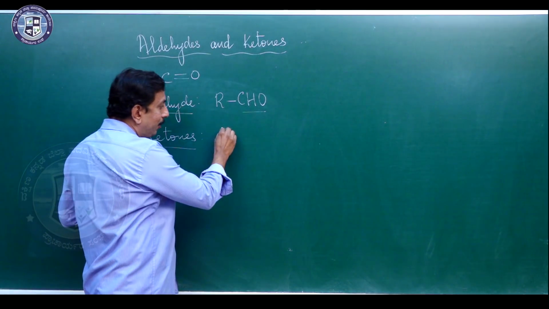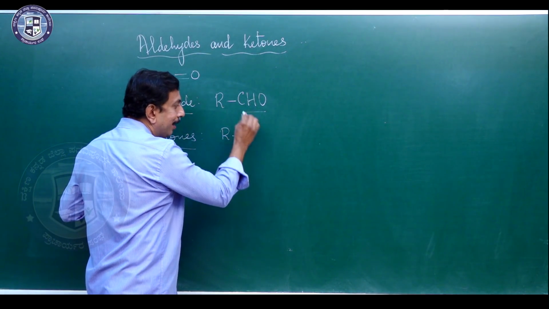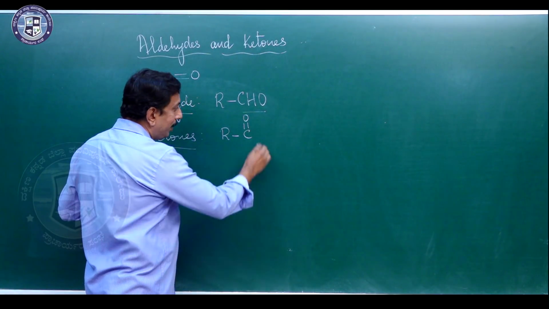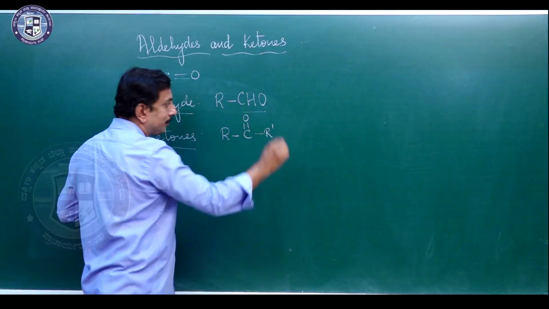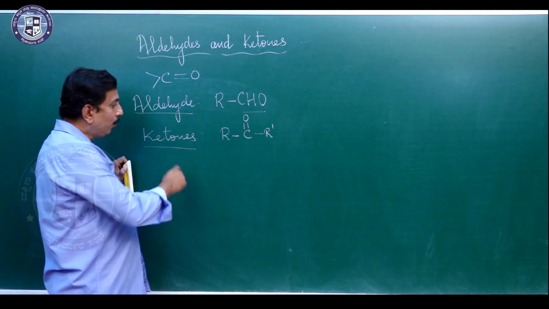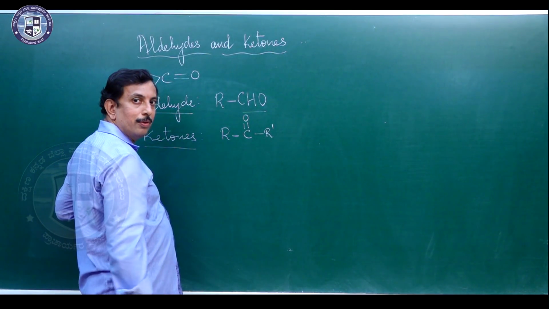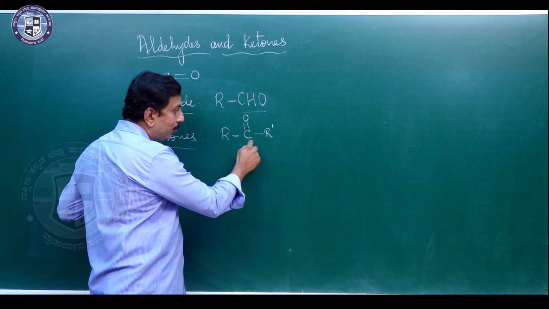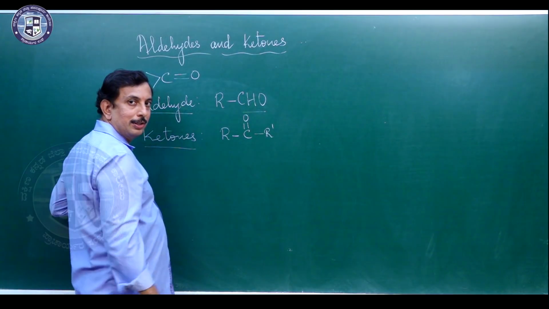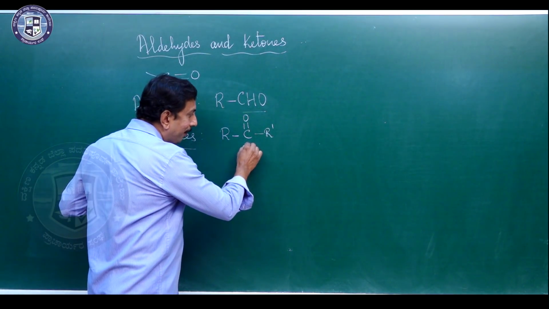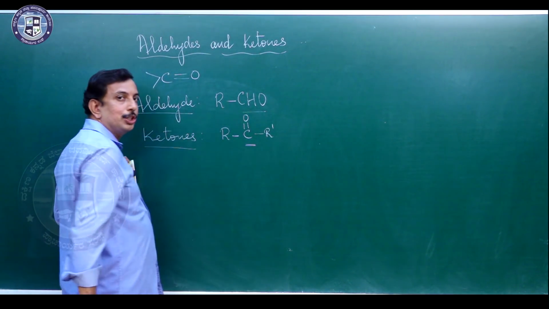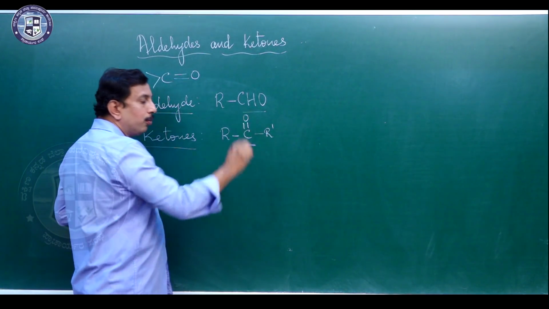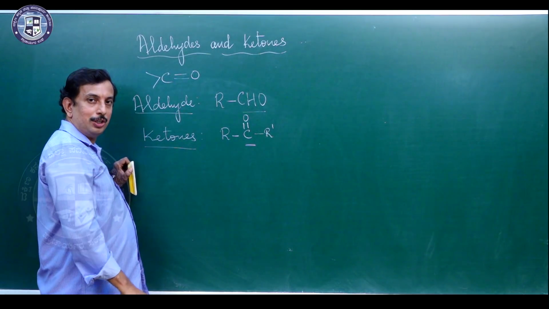Therefore, I can represent ketones in a general formula form as RCOR'. Ketones are the carbonyl compounds represented by the general formula RCOR'. And here this functional group, even though it is called a carbonyl group, in case of ketones we call this the keto functional group.